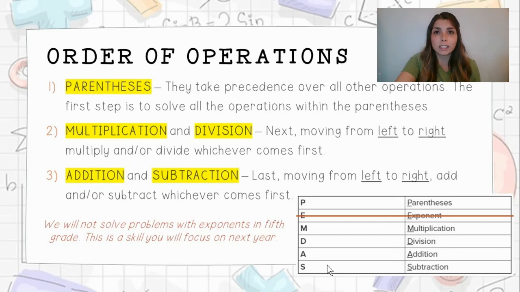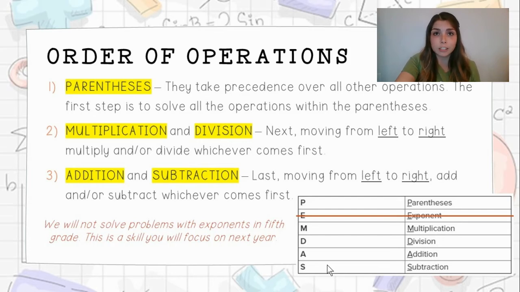What do each of these tasks mean? What are parentheses? We use them in reading, so let's use them in math. They take precedence over everything. Whenever you see parentheses in a math equation or expression, you solve what's inside the parentheses first, no matter what. Then we go to multiplication and division.